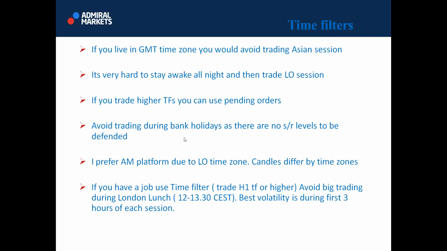It tells you that you really need to avoid trading just prior to that, in between London lunch and New York open. Usually when New York opens, big volatility will kick in and get you in your trade, probably in the desired direction. So that is what I suggest about time filters.